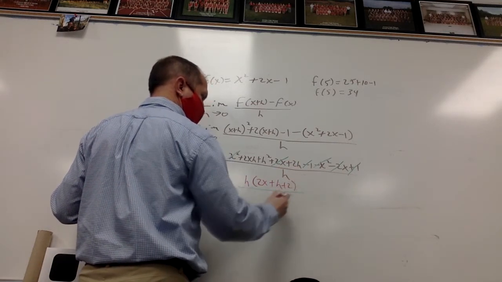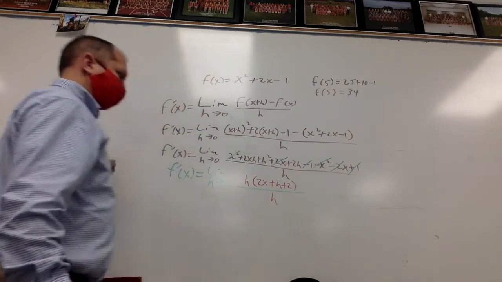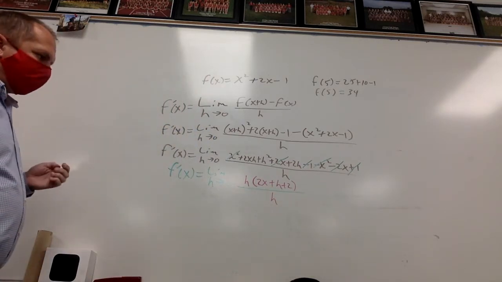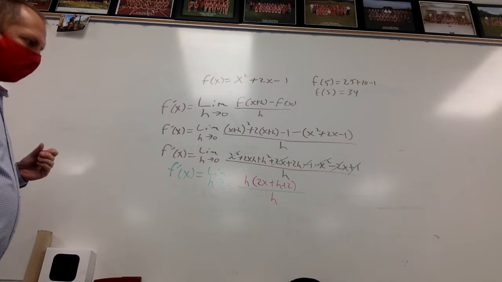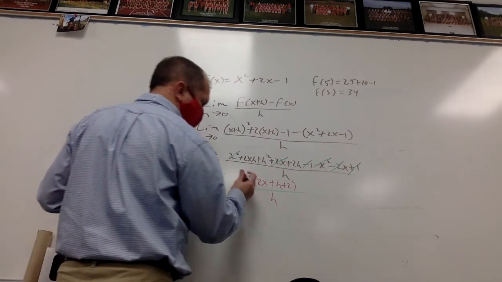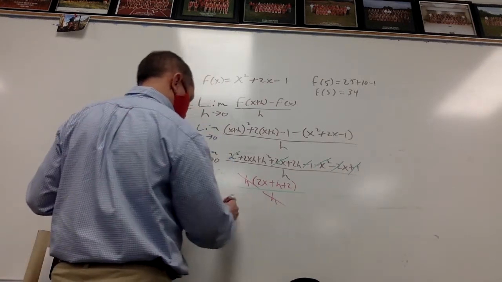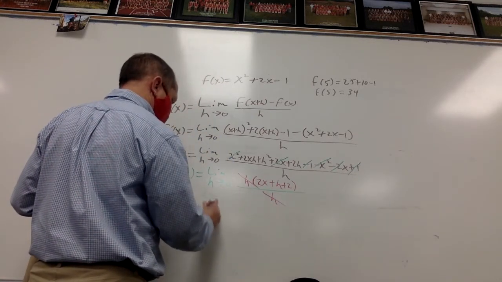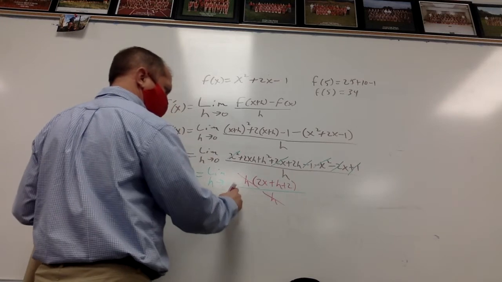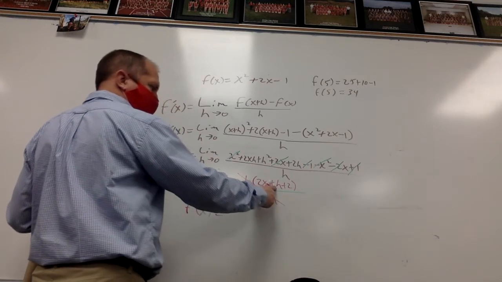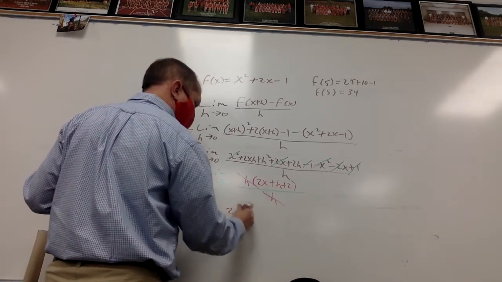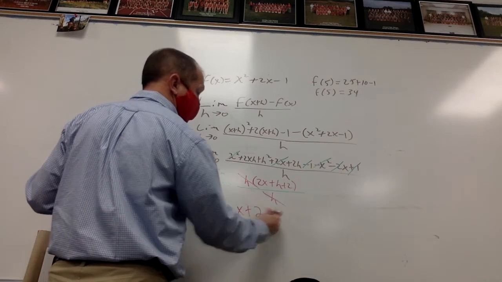Okay. Again, that's all over h. Well, what happens at that step? The h's go and play with the dodo birds, don't they? So we're left with f prime of x equaling, if I plug in 0 right here, 2x plus 2.